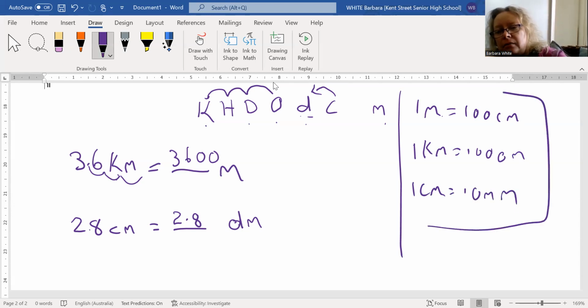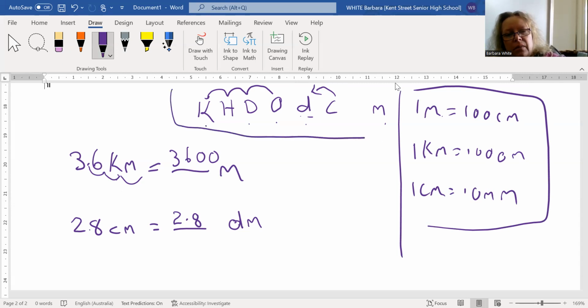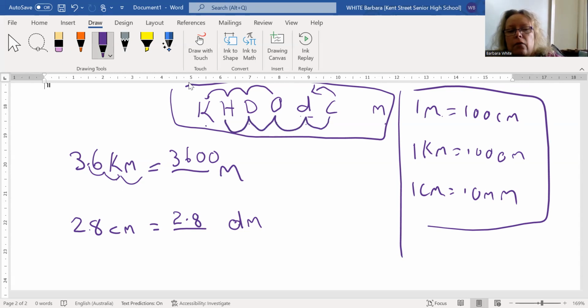And you can use that if you're happy using that. I like to use this system and just move my decimal place from whichever unit I started at to the unit that I finished at. If I'm converting from centimeters to kilometers, I move my decimal point 1, 2, 3, 4, 5 spaces in that direction. All right, that's enough talking.